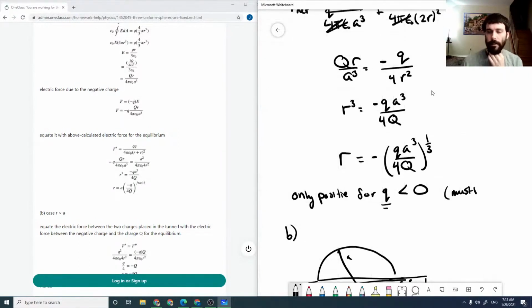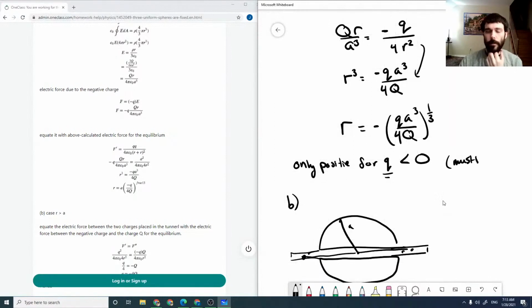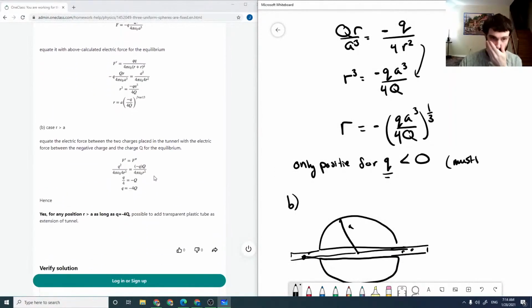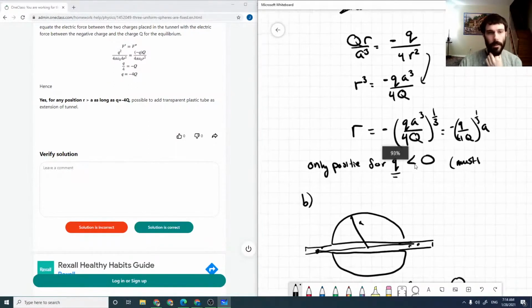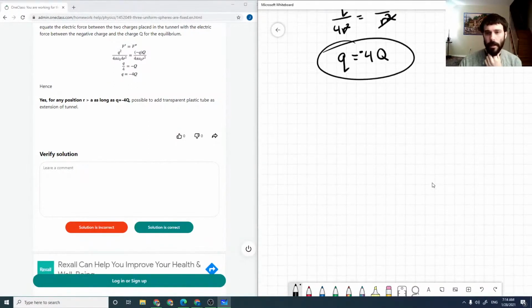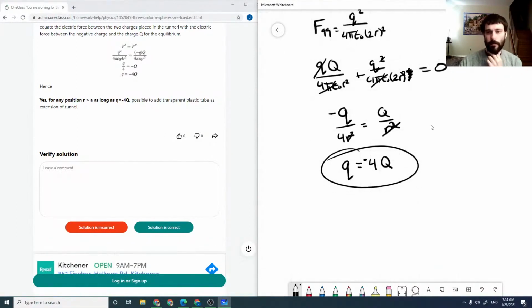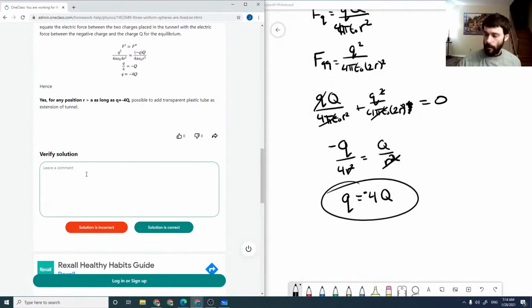I dropped the 4 right at this point here. So it should be q a cubed over 4Q. That looks good. So they just brought the a out, which I could have done. So this would be minus q over 4Q to the 1/3 times a. So that's doable, and at least there are different r's depending on the charge. And then down here, we get that there's an equilibrium at any position as long as q is minus 4Q. So that looks good.